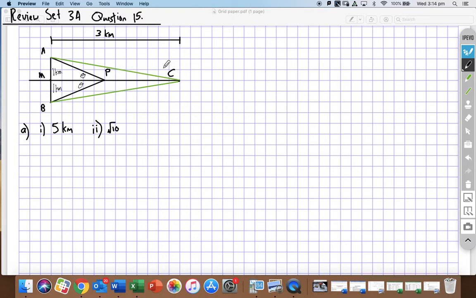So if we're imagining that P comes over here, so C's already got power with no distance, but then you could run a line directly to A and directly to B, and it would be the square root of, so that green there would be 3 squared plus 1 squared, which makes 10, root 10.